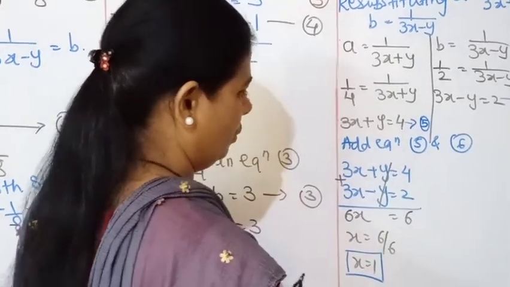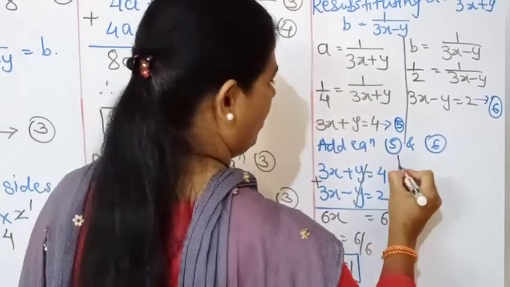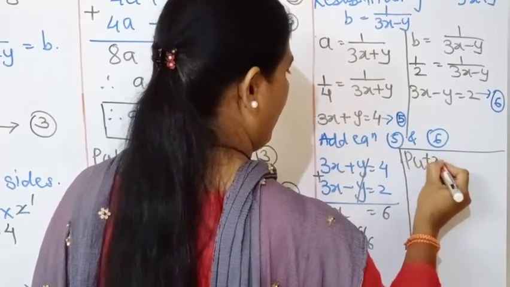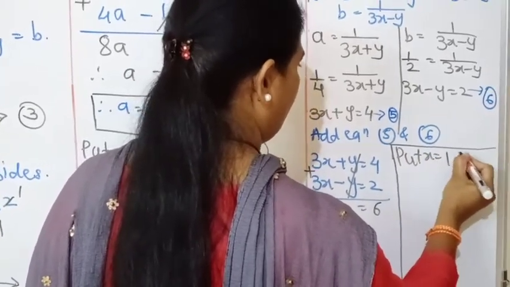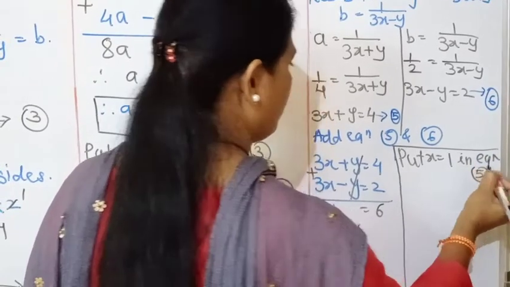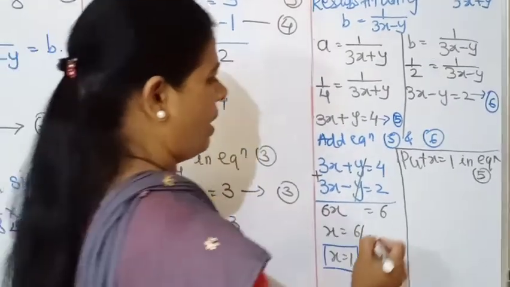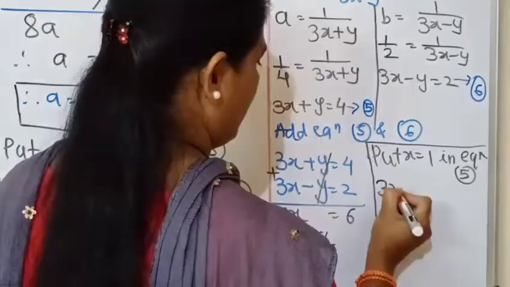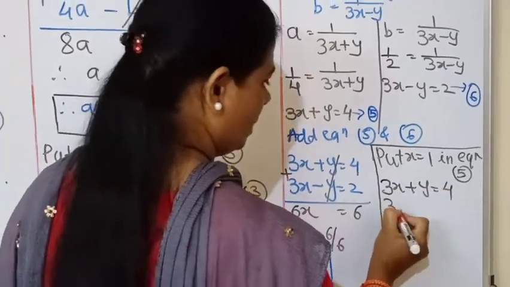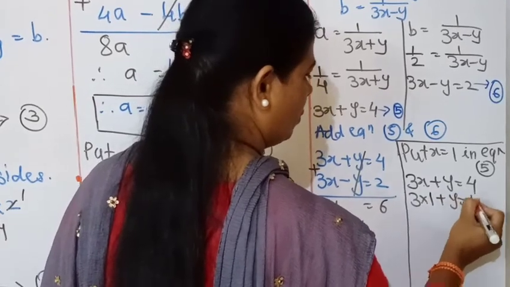Okay. Now what we will do? We will place the value of x. Put x equal to 1 in equation number 5. Okay. So now equation number 5 is 3x plus y equal to 4. 3 into value of x is 1 plus y equal to 4.